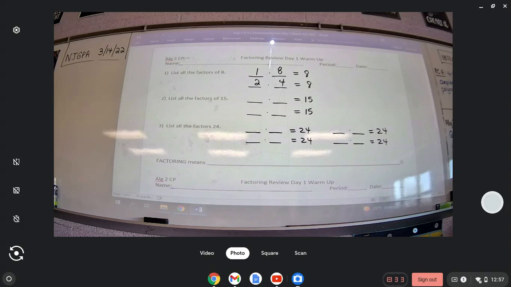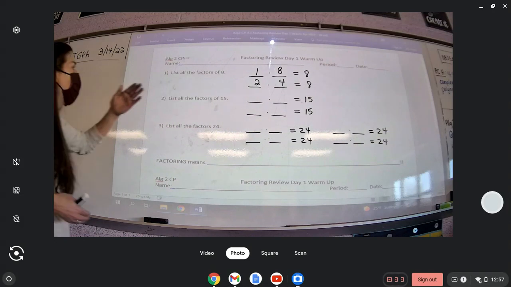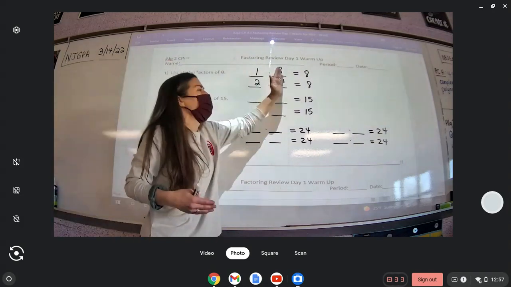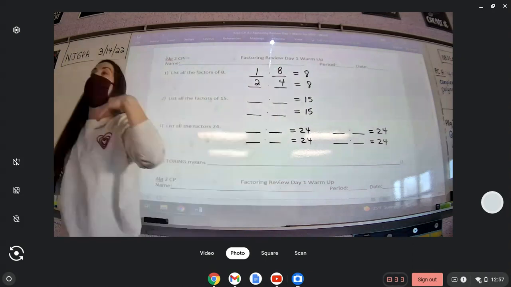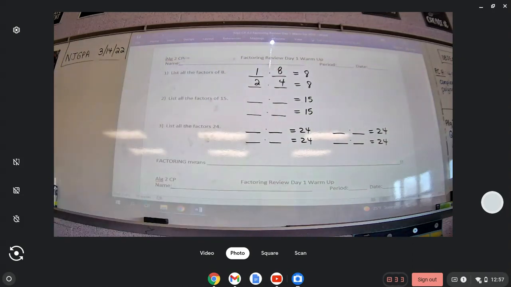So when you are asked to factor something, you are breaking it up into pieces that multiply. That is exactly what factoring means. I am going to be the most annoying person this week because I'm going to ask you every day, guys, what does factoring mean?